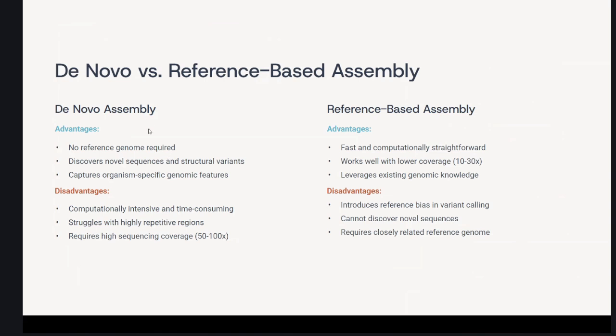Okay, so when do you use de novo, and when do you use reference-based? It is clear from the advantages and disadvantages. If you have a reference genome available, you can use reference-based. But if you want to identify something novel, something new out of your sequence data, you will always go for the de novo assembly approach.